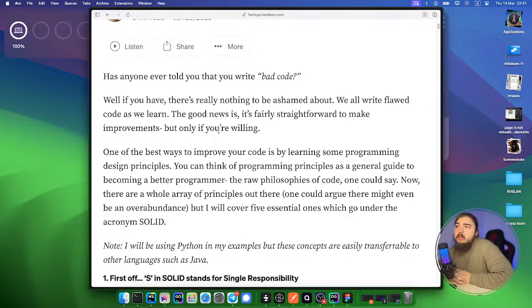Yes, you use some principles, but you always think, do I need this? It's not possible to write ideal code. It's impossible. You need to find a golden center.